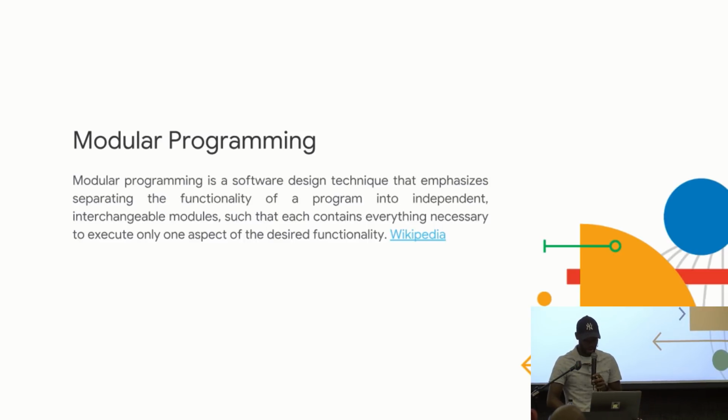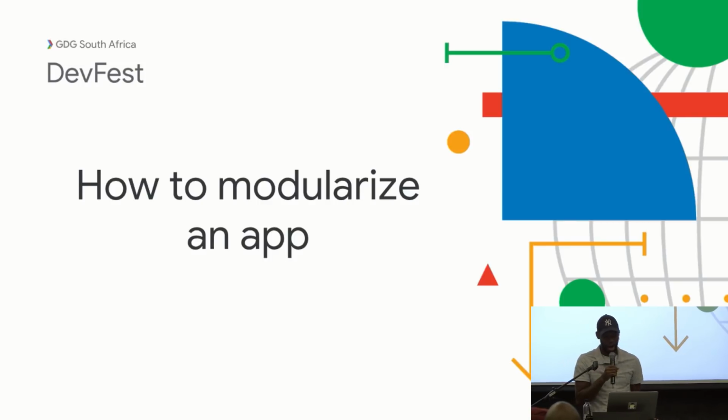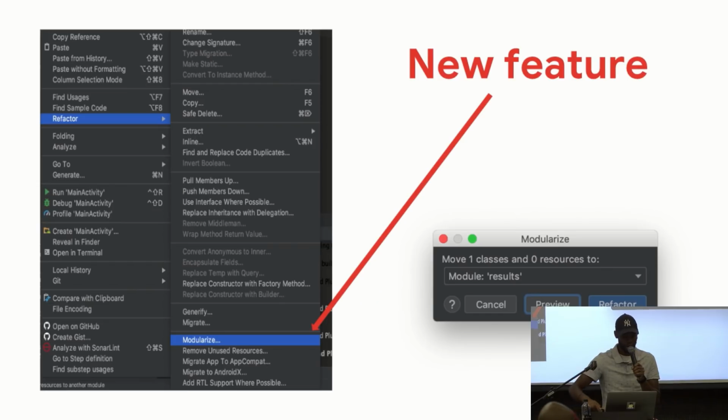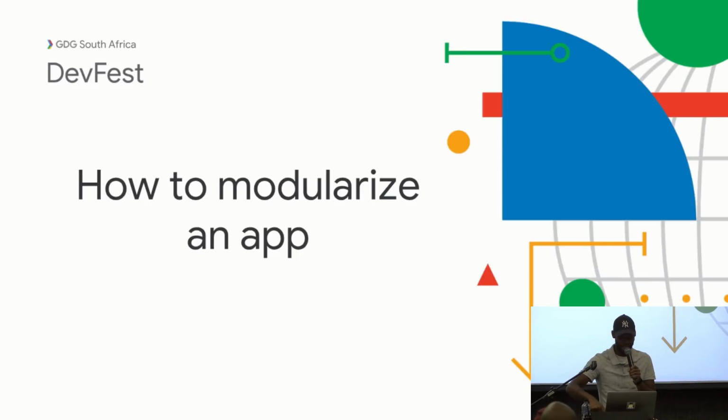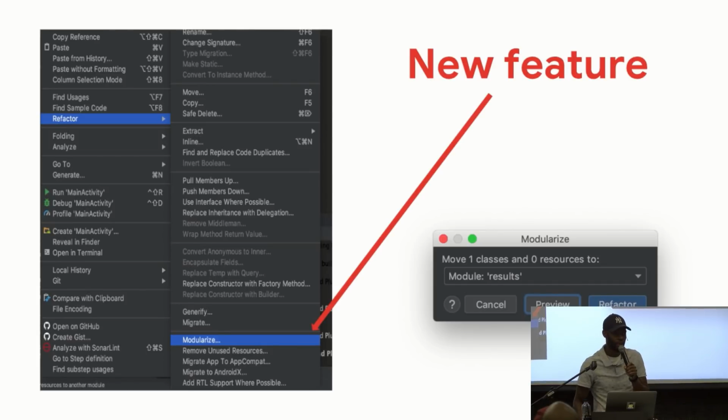Now let's look at how we'd actually go about modularizing an app in Android. How do we do it? I spoke about monolithic systems. Before I go through that, I have the screen here.